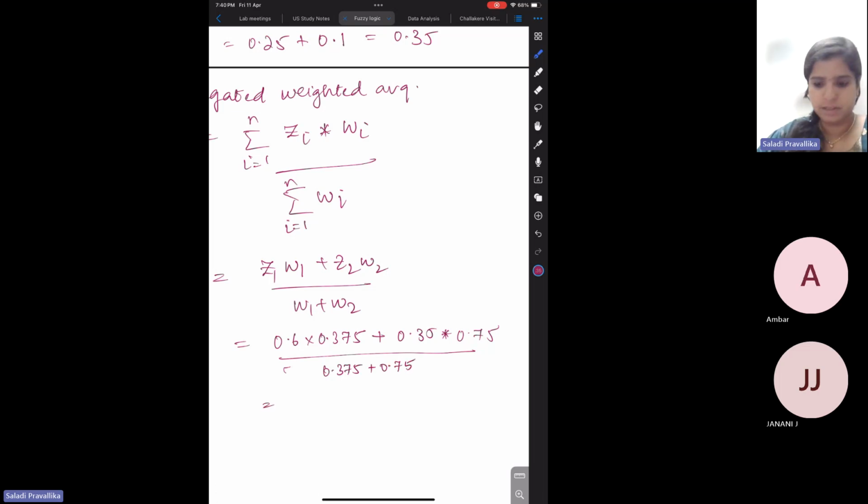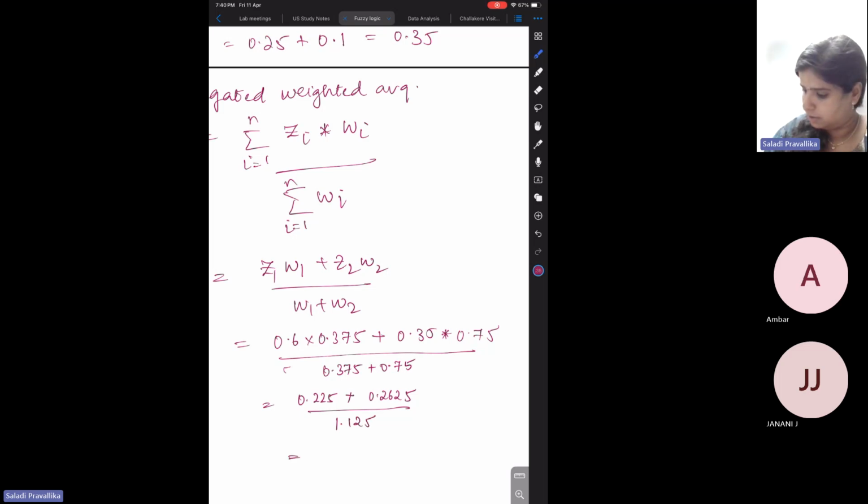Let's calculate: 0.6 into 0.375 is equal to 0.225, plus 0.35 into 0.75, which is equal to 0.2625, divided by 0.375 plus 0.75, which is equal to 1.125.